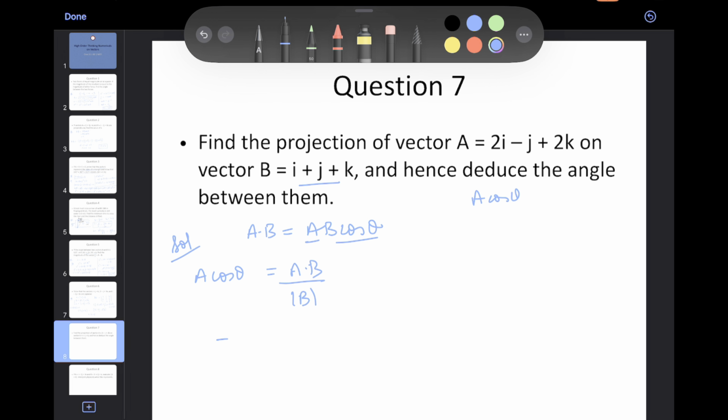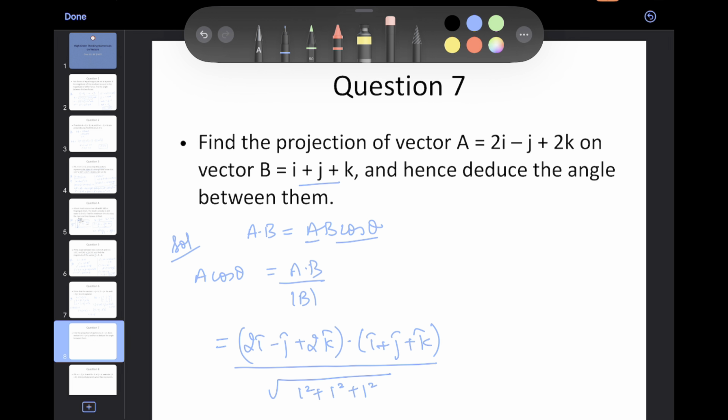So A dot B is what? 2i cap minus j cap plus 2k cap dot product of i cap plus j cap plus k cap. And what is the magnitude of this? It is under root of 1 square plus 1 square plus 1 square.